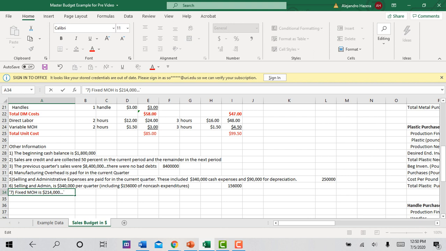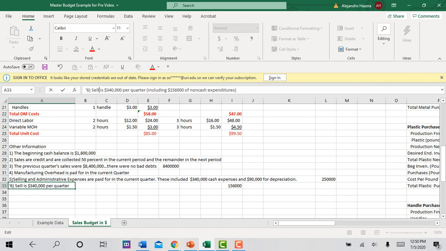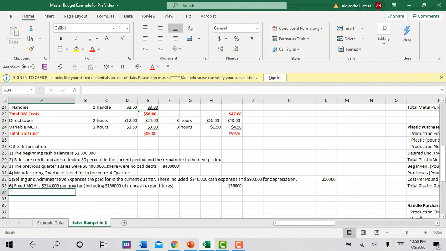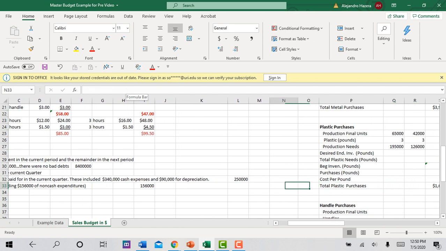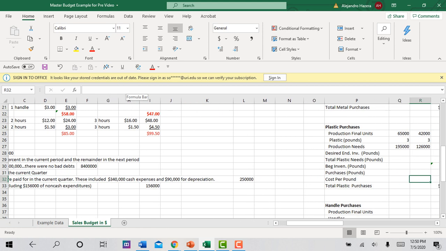I think I made a slight mistake here. This is supposed to be fixed manufacturing overhead. I had it right in a sense, but I just put in the wrong number. Fixed MOH is $214,000, of which $156,000 is non-cash. And our selling and administrative is $340,000, of which $90,000 is depreciation.